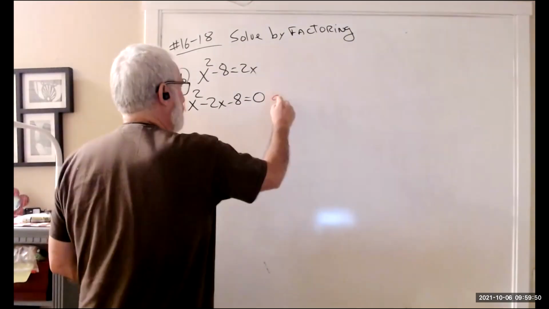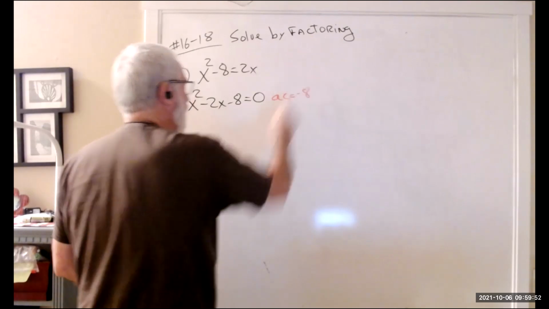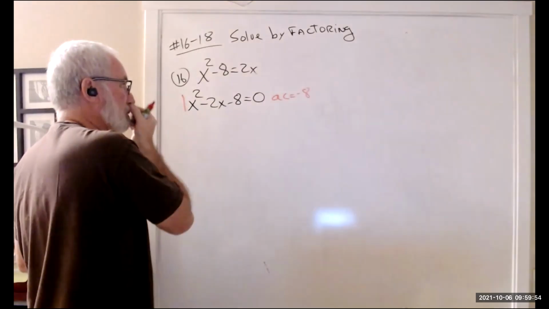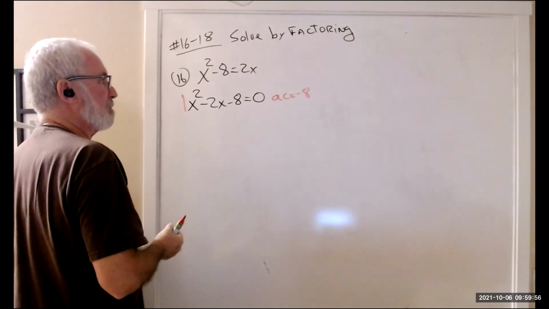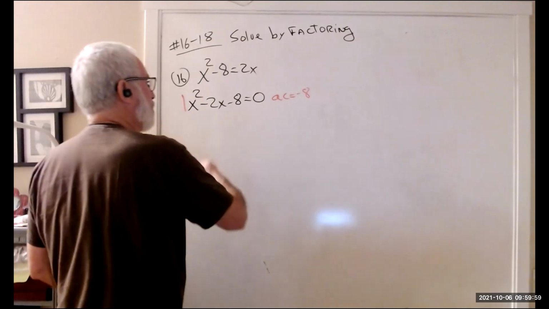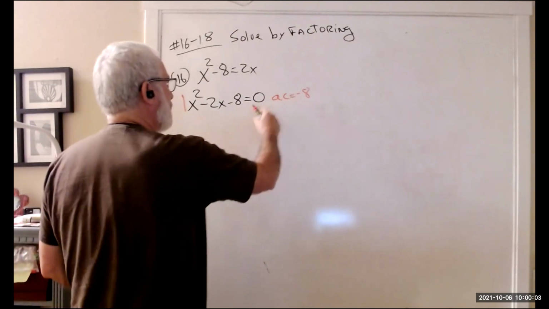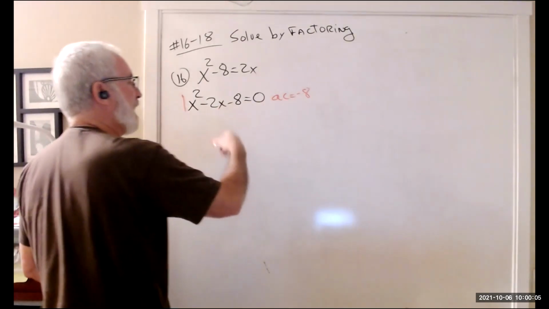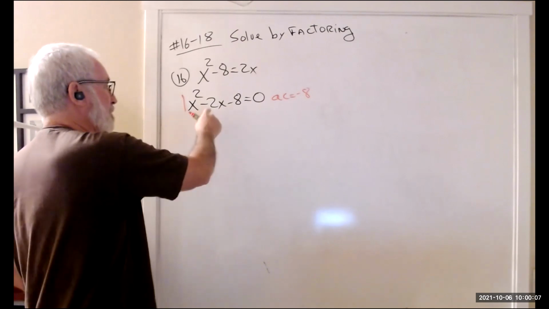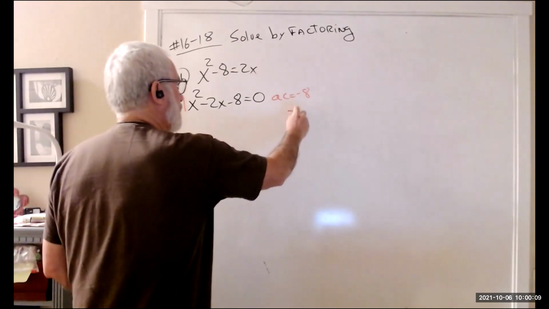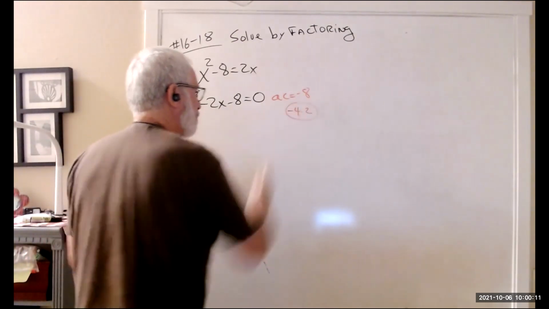So in this trinomial, AC was negative 8. Okay. And then you had to run through your multiplication tables real quick. What times what makes negative 8 and adds or subtracts to make negative 2? Well, it was negative 4 times 2.